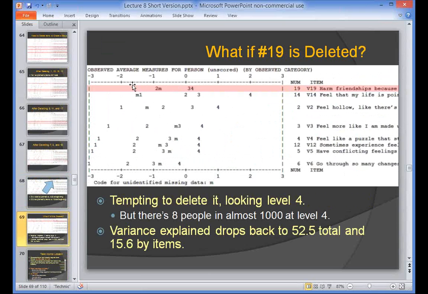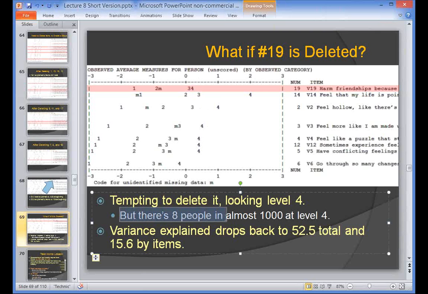So I'm tempted to delete this item, but I know from previous experience that when this happens, and this is a difficult item, remember the items at the top are the most difficult items, what tends to happen is that the 3 and the 4 may have very few people in it. So when I look at the number of people that are actually at this level, there's only 8 people and almost 1,000 that endorse the item at level 4. Okay, so that item I'm going to go ahead and leave.